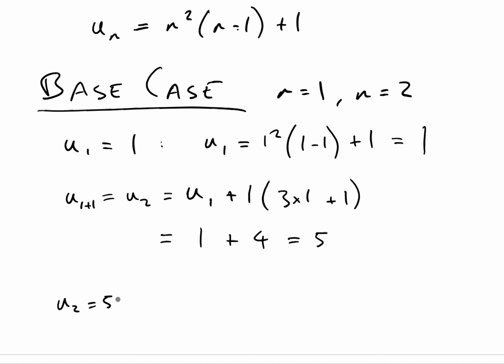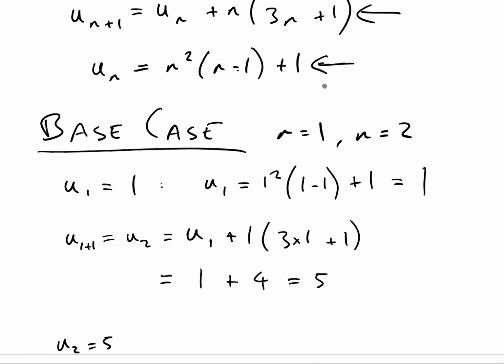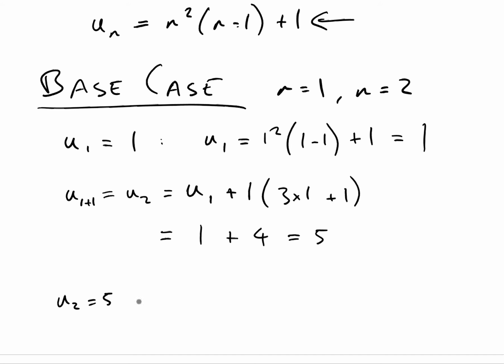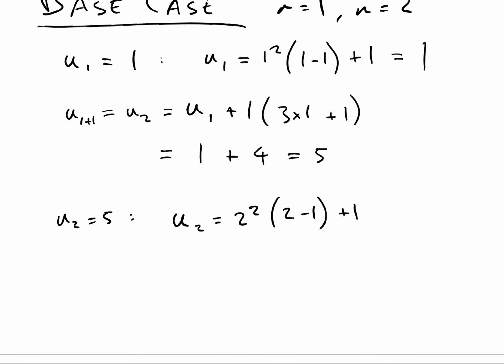And then we need to verify that this formula here does work for u2, so it does equal 5. So u2 is equal to 2 squared times 2 minus 1 plus 1. That's going to be equal to, sorry, 4 times 1, since 2 minus 1 is 1, plus 1, which is going to be equal to 5.